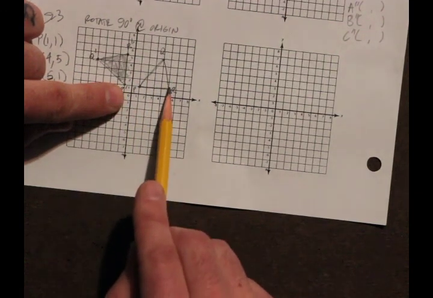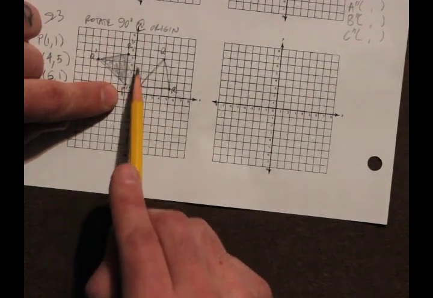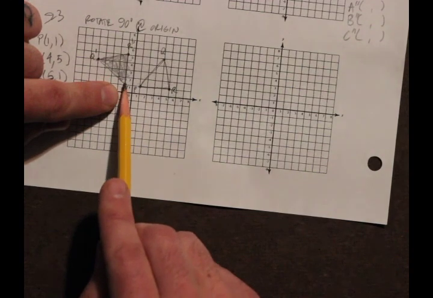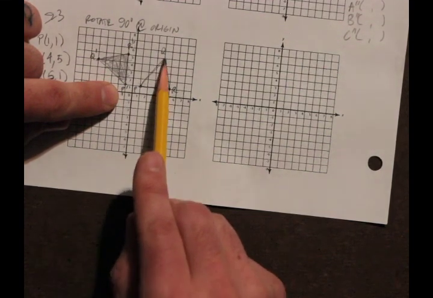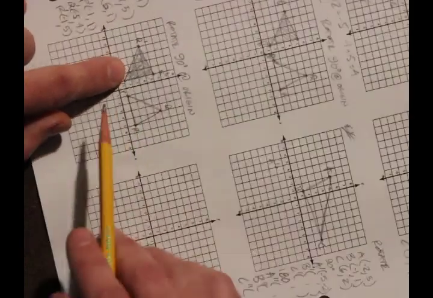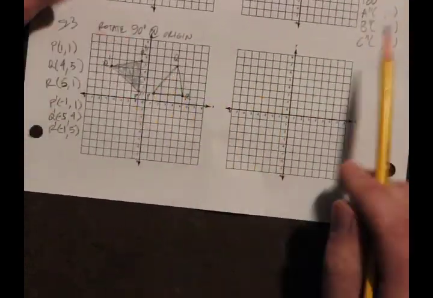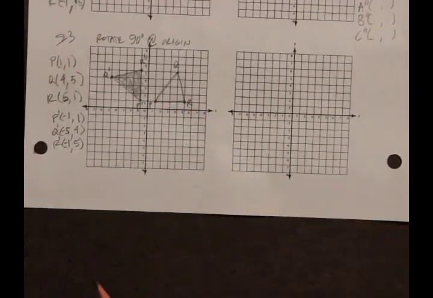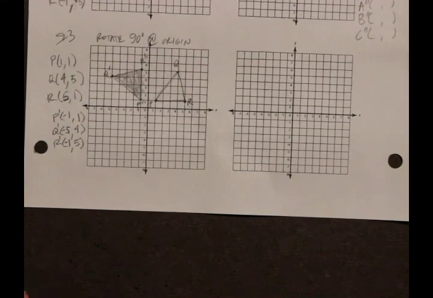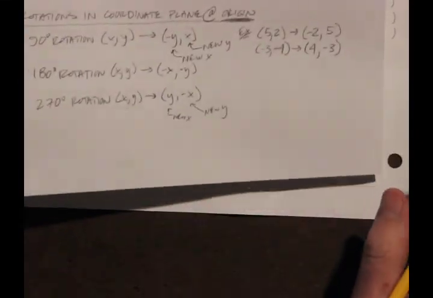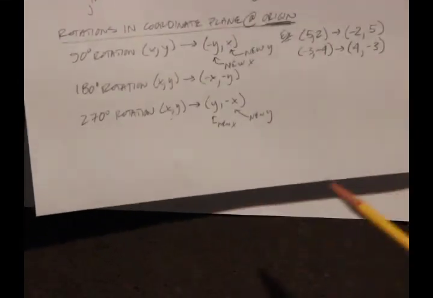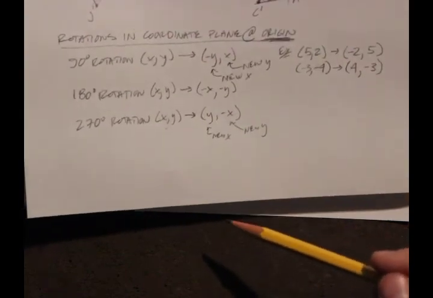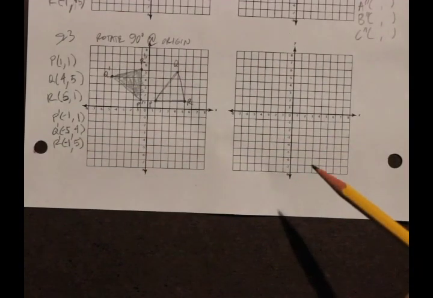I go to 5, up 1, there's a point, 1, 1, there's a point, and then 4, 5, and I just change this, 4, 5. So there's another way to turn this 90 degrees if you can't remember all of that stuff that we wrote over here. It's helpful to remember this, but if it's just too much, use another method.